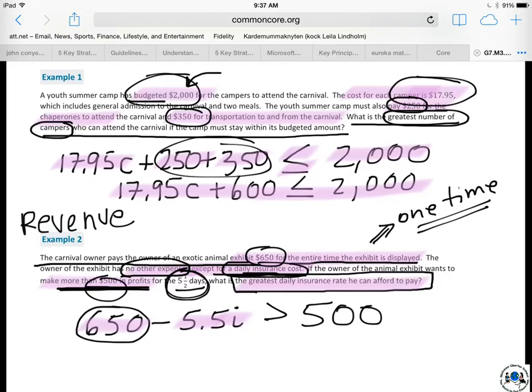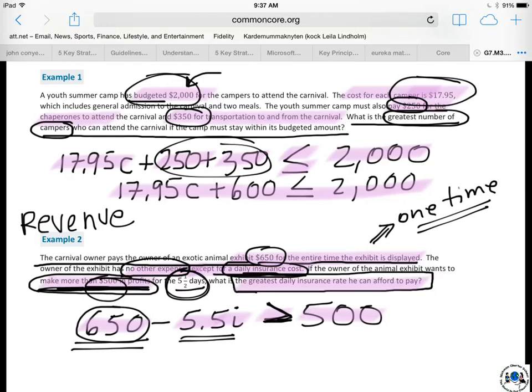That has to be greater than $500, because they're asking here that he wants to make more than $500 profit. More than. So that's this more than, and this is a profit statement over here because this is the revenue.